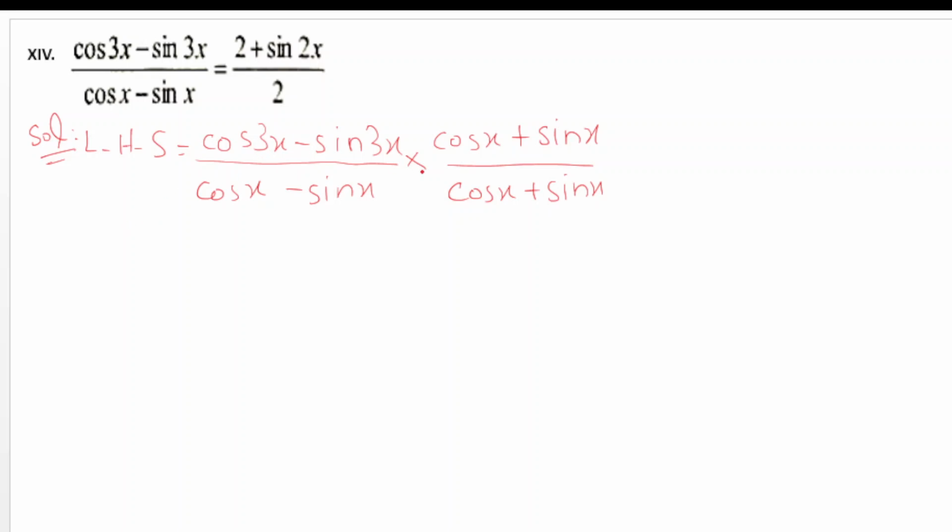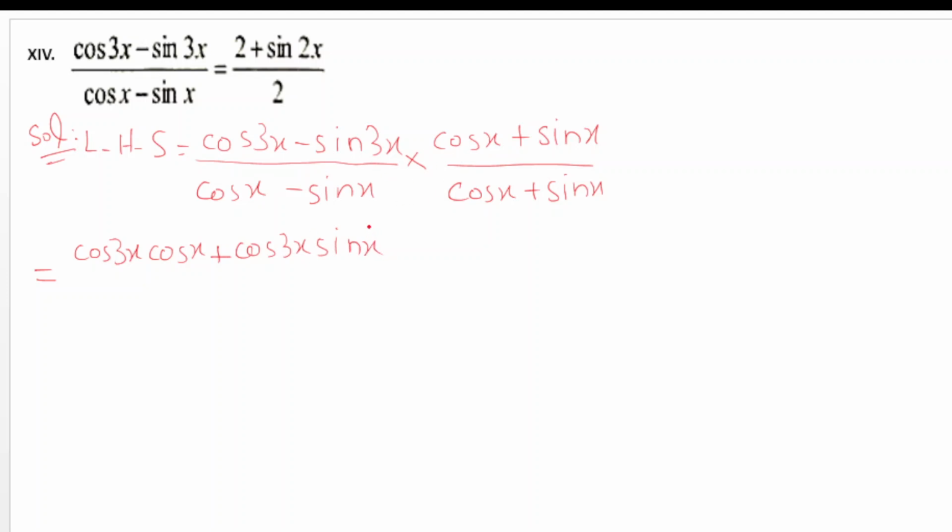So now we just multiply with this and down also. So cos 3x will multiply with cos x first of all. So it's going to be cos 3x cos x. Then cos 3x will multiply with sin x. It's done over here.